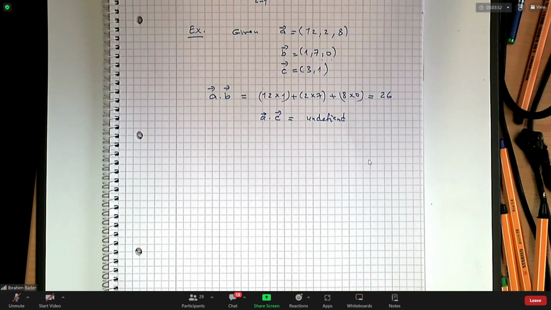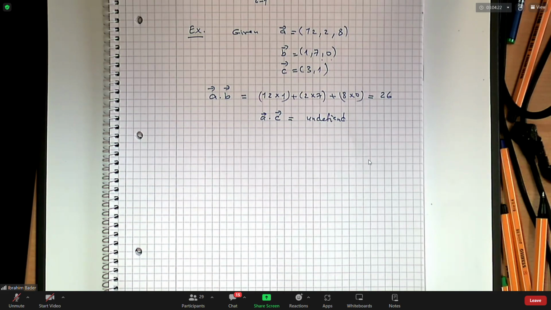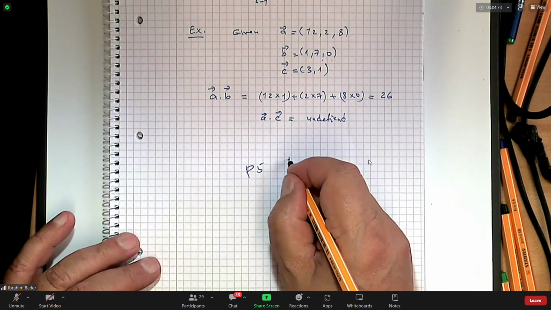It's about a nice example that my colleague, Professor Bob, wrote, how to understand the implementation of such matrix multiplication in real life. So I just took this example. You will be advised to have a look at it. I will be uploading a section called matrices, and the example is on page 5 of the script.